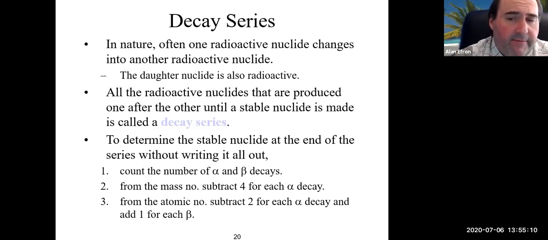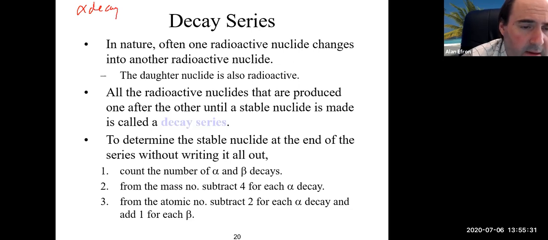There's a couple of different ways you could figure out what's happening with your decay series, or figure out what's being produced. One way is to take every alpha decay that you have. For every alpha decay, from our mass number, which is our guy up on top, we want to subtract 4.